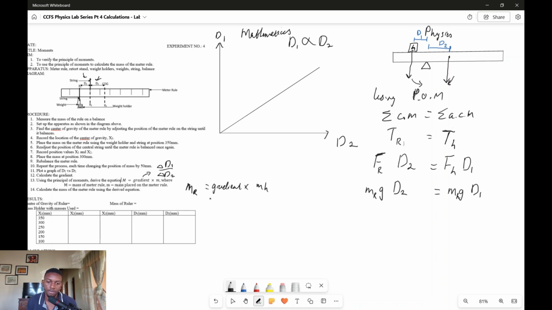We're getting kind of close. Now those g's, we can multiply by 1 over g, or move a g over the other side, and it's going to cancel out. So we get Mr d2 and Mh, for the mass of the ruler and mass of the holder. So we get Mr d2 equals Mh d1.